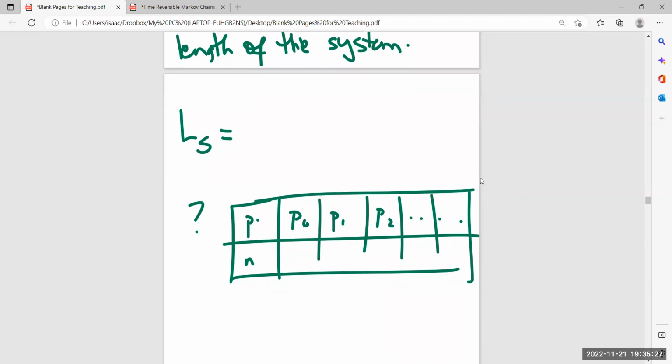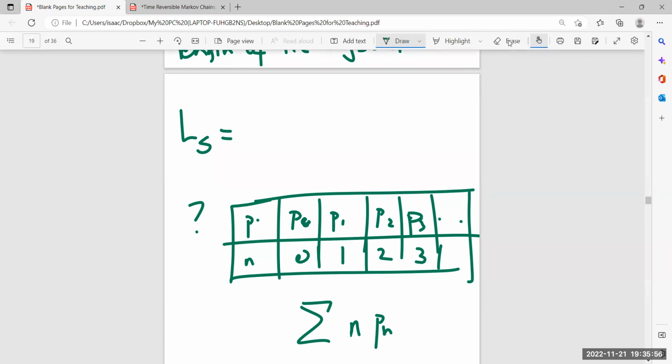The number of persons in the system at time 0 is 0, at time 1 is 1. You could have 2 persons in the system, 3 persons in the system, etc. Right? So in order to get this expectation, we multiply N by the probabilities and we sum it, all the way to infinity.